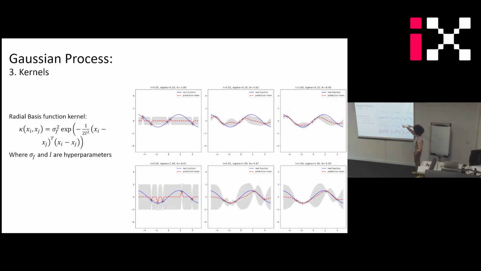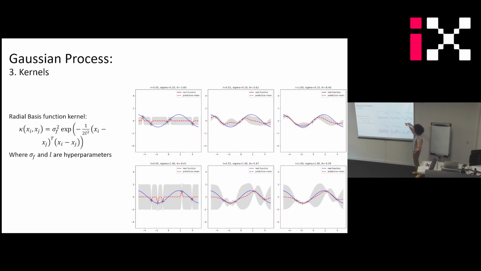By changing the length scale, we start with very small correlation between the points. So any information we got from those observations doesn't really affect the potential functions that we can get.